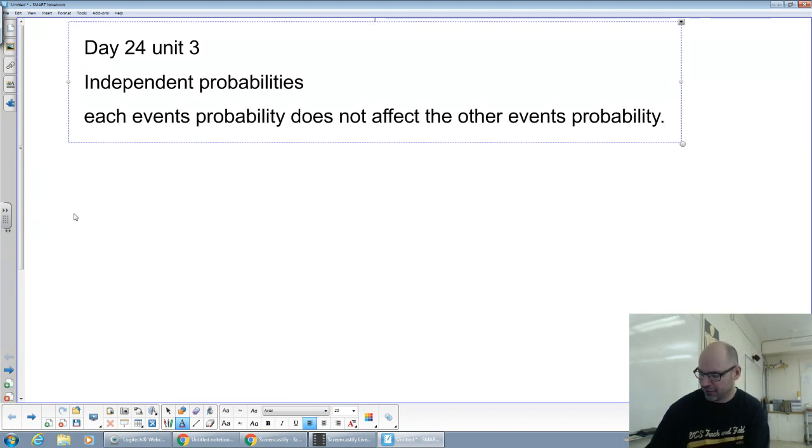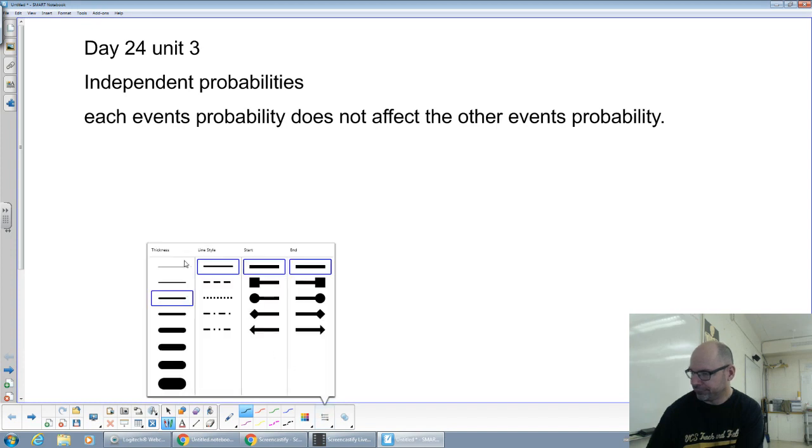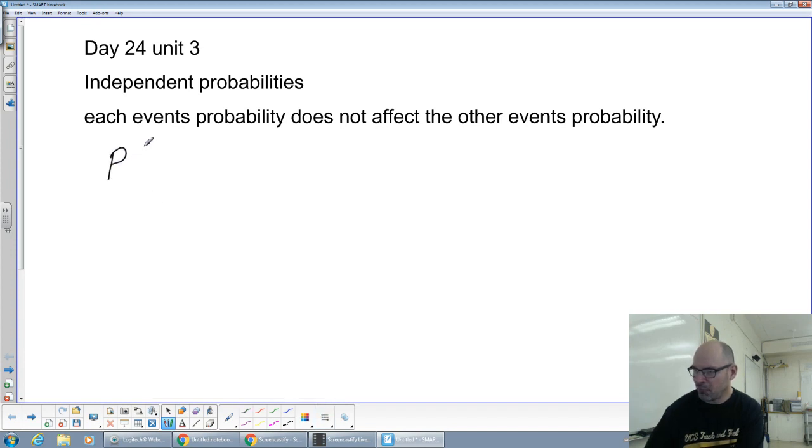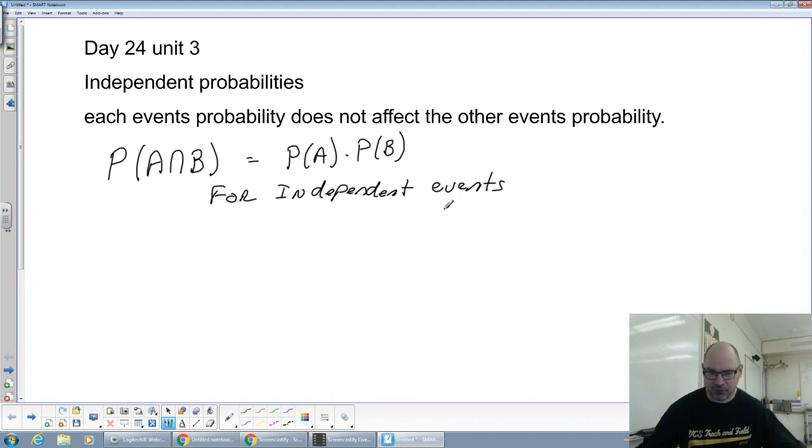For independent events, it's this one: the probability of A and B occurring equals the probability of A times the probability of B. An example of this would be the flipping of the coin and rolling the die.